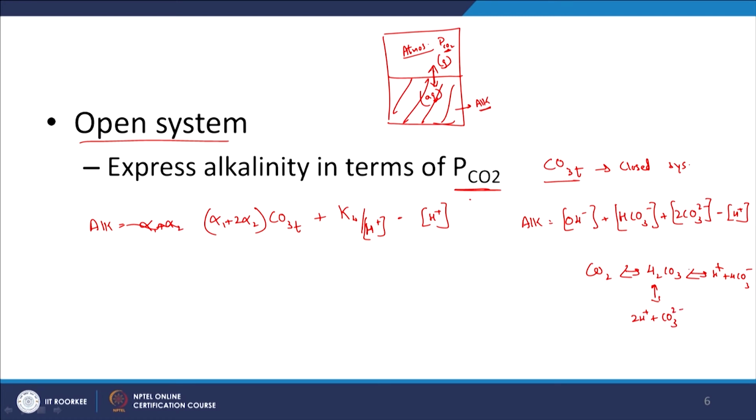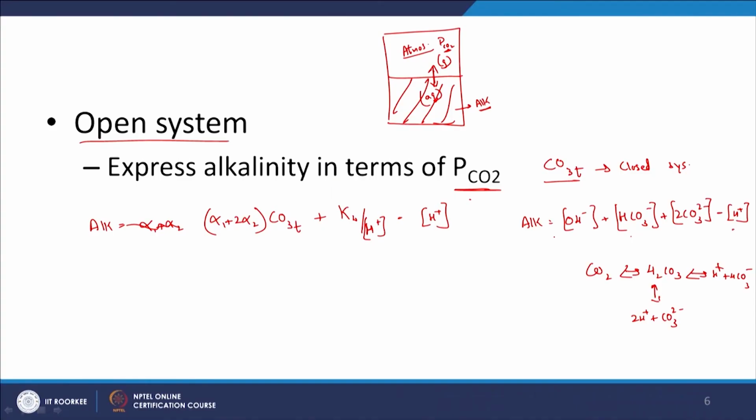So if we plug in the relevant variables, we see that 2 CO3 2 minus and minus H plus, or HCO3 minus and minus H plus, they cancel each other out, right? So again, if you remember what we discussed, introducing or removing carbon dioxide from your particular solution will not affect alkalinity. Obviously the pH is going to change, right? But it's not going to change the alkalinity. So this is the key here, as in the alkalinity before and after equilibrium with your gaseous phase is going to be the same, right?